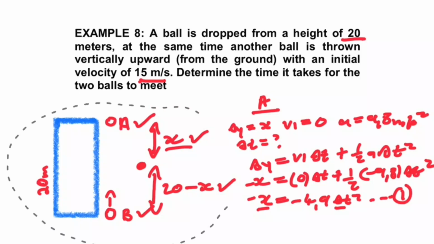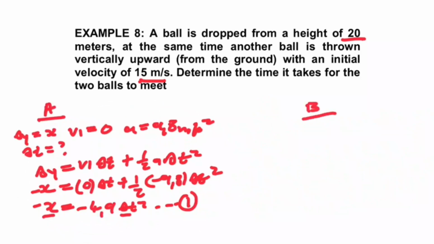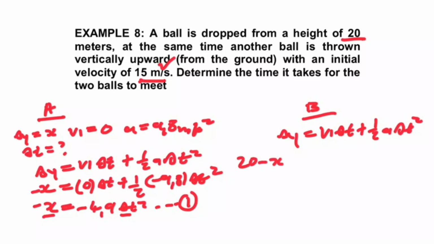Let me just get rid of this. For ball B, we're going to have delta y equal to VI delta t plus a half acceleration delta t squared. The displacement of ball B, we've already deduced, should be 20 minus x. So 20 minus x will be equal to its initial velocity, which is 15 meters per second, multiplied by delta t, plus a half.